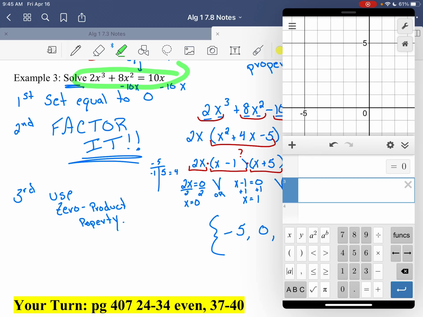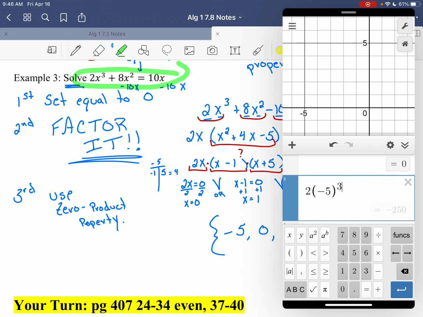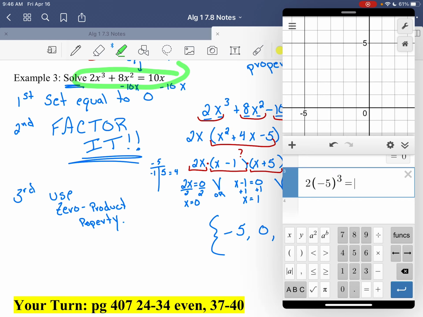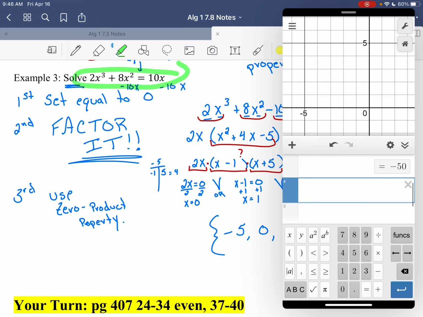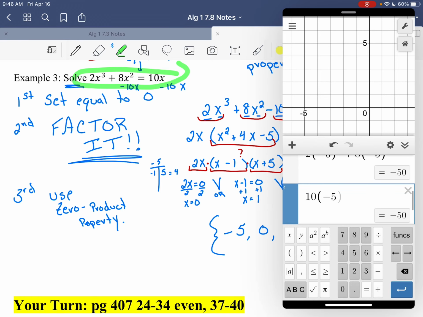So I'm going to take 2 times -5 to the third. Notice my parentheses, plus 8 times -5 to the second, and I get -50. Well, is that the same as 10 times -5? Yep. So my -5 worked.